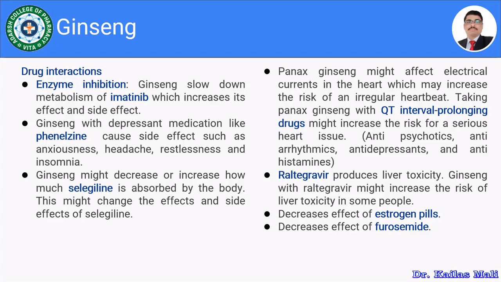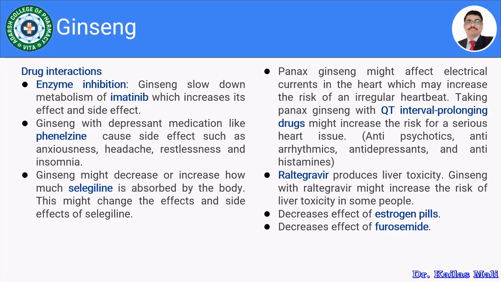So we are getting certain side effects related with the heart. For example, the drugs which are going to prolong the QT interval are antipsychotics, antiarrhythmics, antidepressants, and antihistaminics. These are the drugs which are going to increase the QT interval. So one should not combine the ginseng with these drugs.